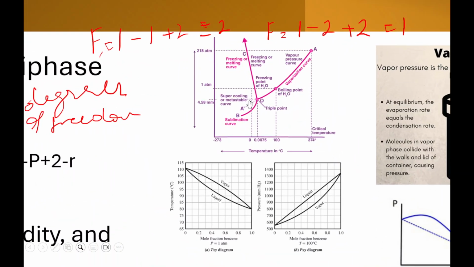Then here you see at this point, this is called the triple point. Here there are three phases existing at one point. The component is still one.